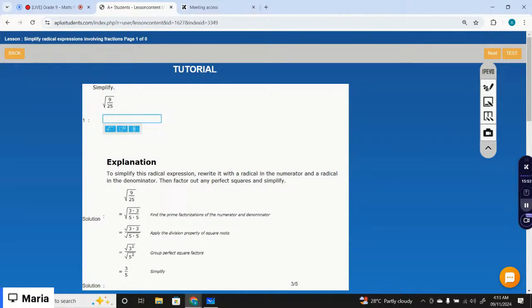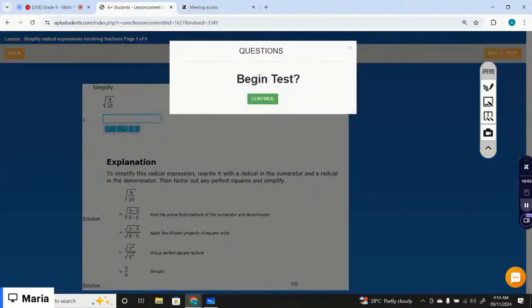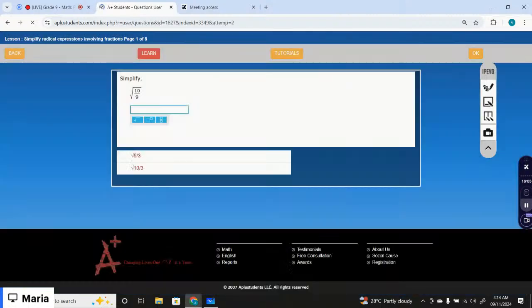Let's just start with the test questions. Let's see how do we evaluate expressions involving fractions. Square root 10 over 9. So which is the correct option?